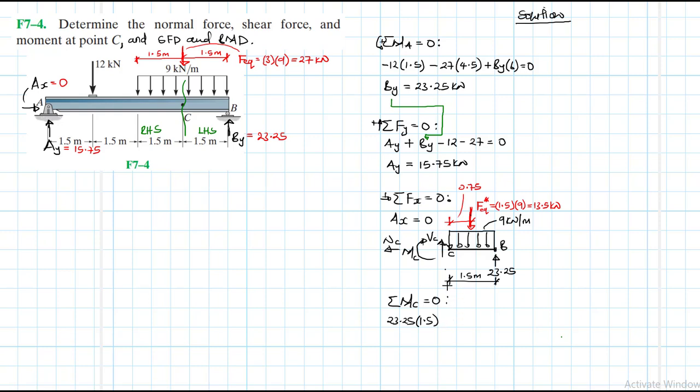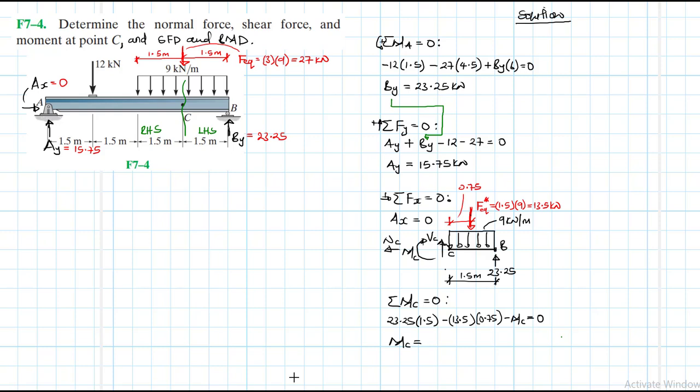This one is causing anti-clockwise about C. And then we have a clockwise moment from 13.5 times the lever arm, which is 0.75. And then finally we have a negative moment at C.